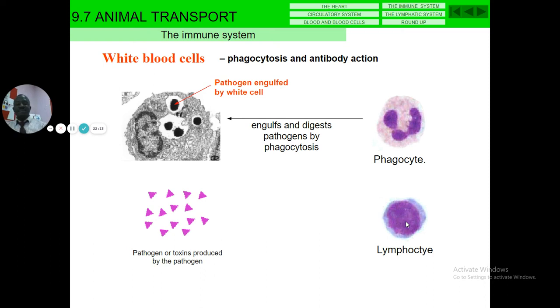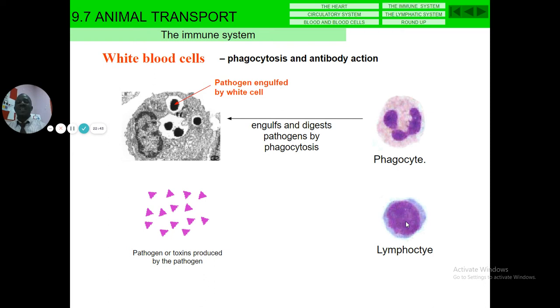The first lymphocytes that grow in the bone marrow are referred to as B lymphocytes. B lymphocytes' role is to produce antibodies. Antibodies fight against specific antigens that have a particular structure. So antibodies are specific in the defense, and they help our body defend itself against specific pathogens.